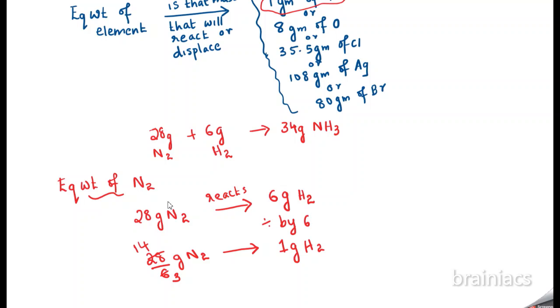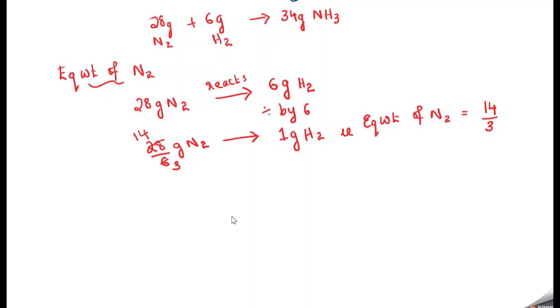So I can say the equivalent weight of nitrogen here is 14 divided by 3. Now I can say equivalent weight of ammonia, that is what we are going to calculate.